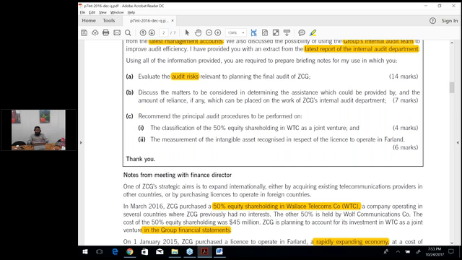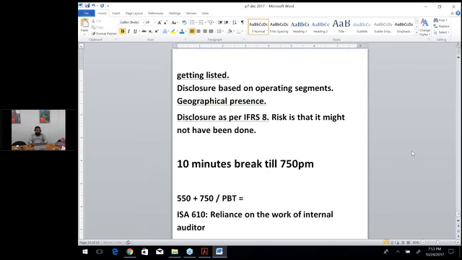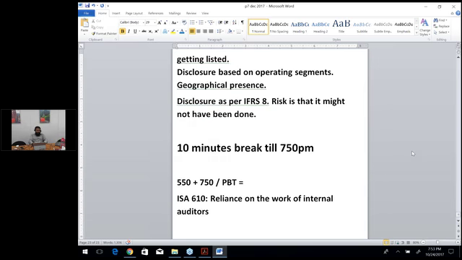Now, if I discuss this specific area, there is this ISA, which is ISA 610, and that is actually about the reliance on the work of internal auditors. So generally, when we talk about reliance on the work of internal auditor, how do we actually determine whether we should place reliance on the work of internal auditor?